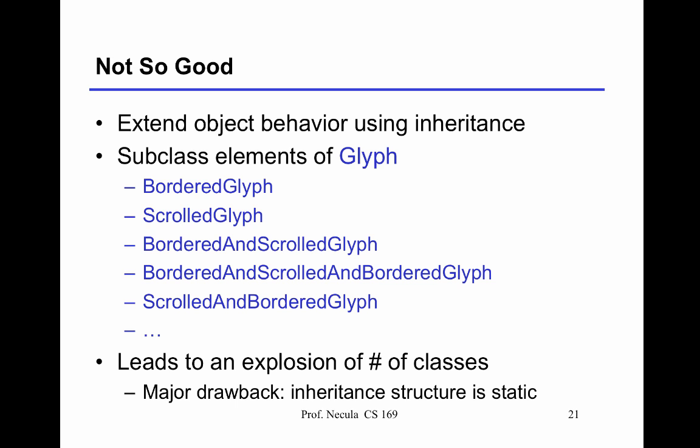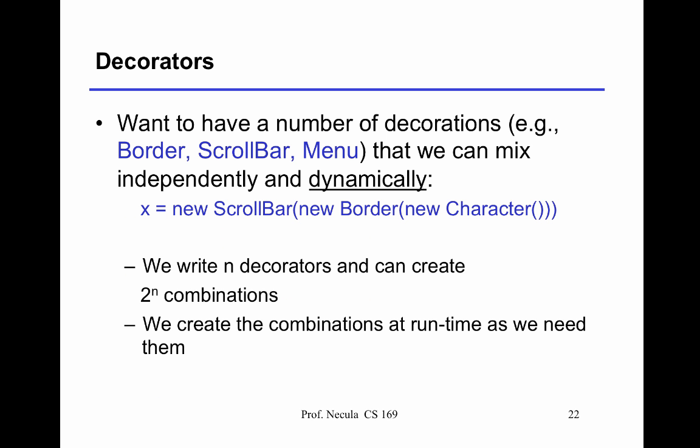So we need to look for a way to be able to add scroll bars and borders and combine them freely without having to write all of these combinations ourselves. We would like to do something of the following form. We will define some scroll bar class and some border class, which can be used like this to put a border around the character glyph and put a scroll bar around that as well.